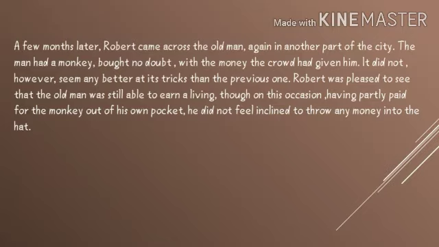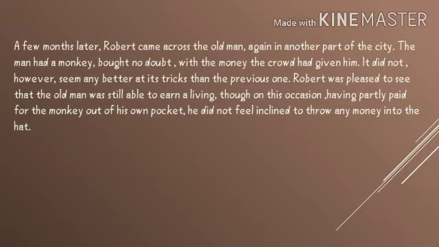And this time also, Robert did not feel that the monkey was performing in any remarkable manner. Those were ordinary tricks.